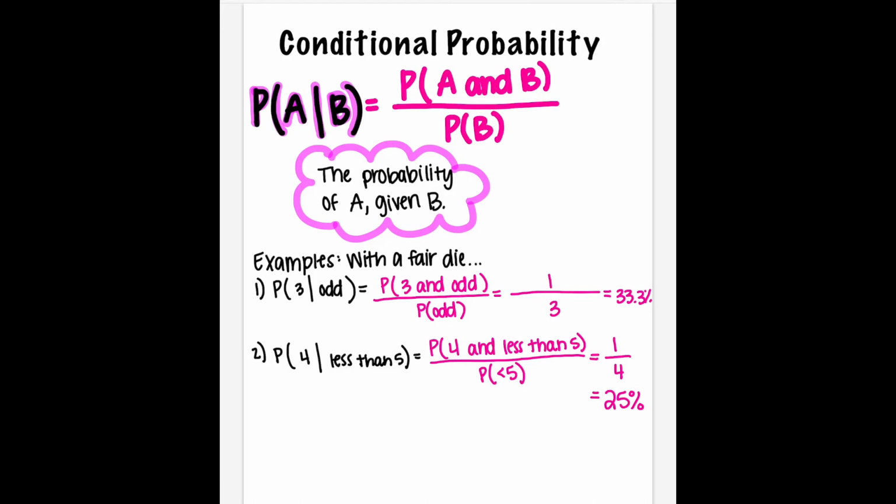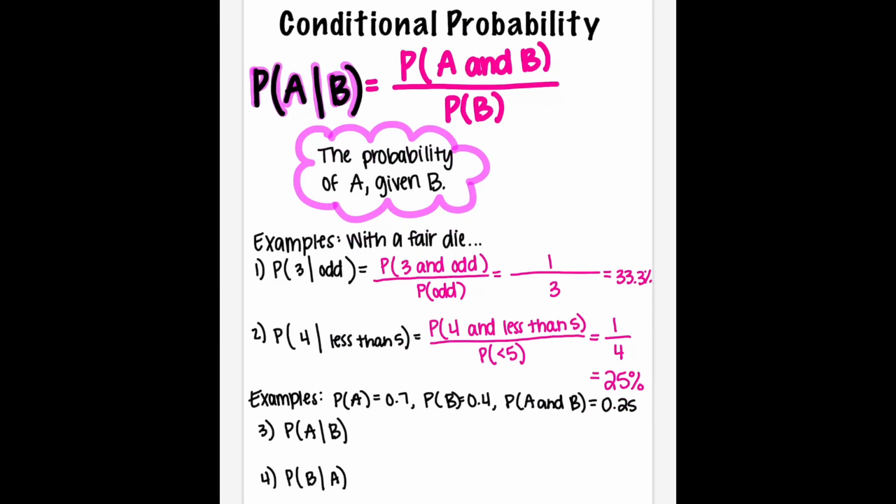So I think of it in this way. Of the odd numbers on a die, how many of them are also a 3? Of the numbers that are less than 5 on a die, how many of them are also the number 4? So the probability of A given that B has already occurred.